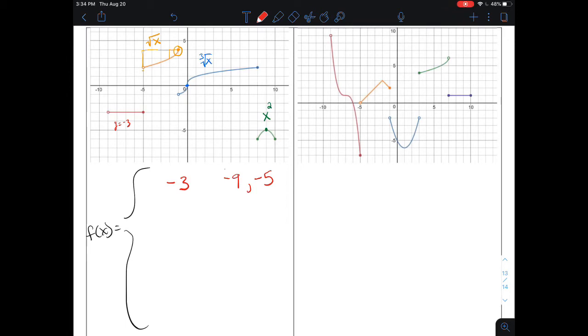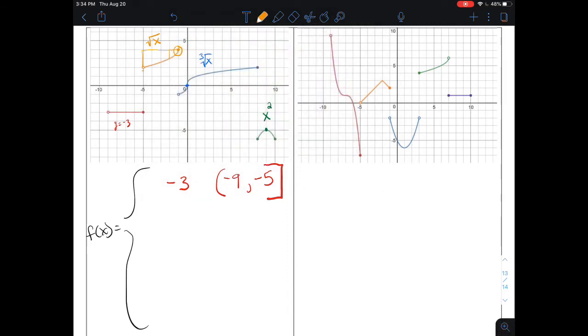Well, the open circle at -9 means that I have to exclude the -9, and the closed circle at -5 means that I have to include it. So I use a bracket. Now let's go to the next one.